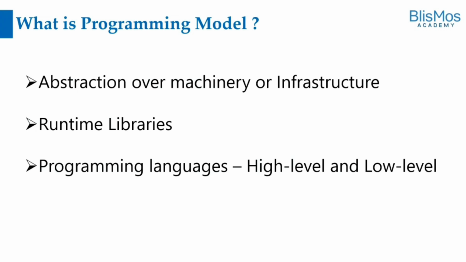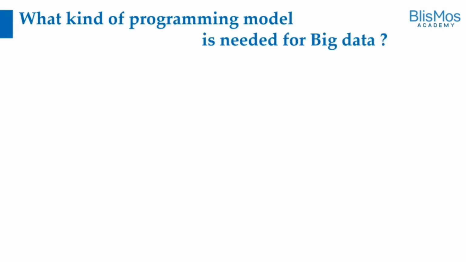Computers talk in the language of binary, 0 or 1. We need an abstraction over a machinery which consists of a runtime library coded in high level or low level languages, or a combination of both. That is a programming model.